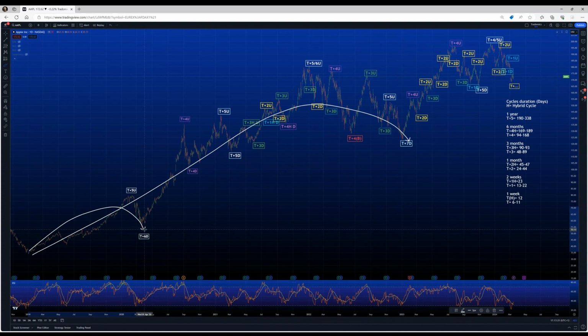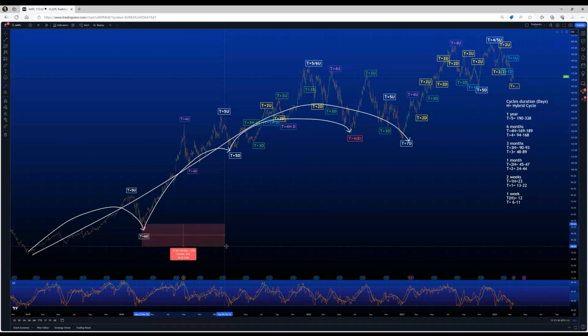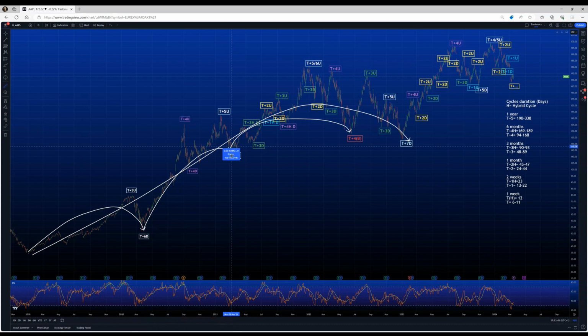Then we have had another yearly cycle here, a downward cycle. Then we have had another downward cycle here. Let's gauge the time again. The first yearly cycle took 240 days. The second yearly cycle should have lasted 325 days.